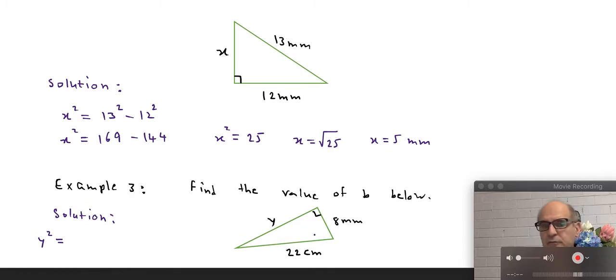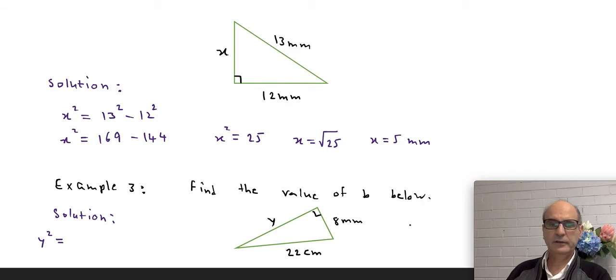This is the hypotenuse. How do I know that? It is opposite to 90 degrees. So it is my hypotenuse. And 22 squared minus the other short side squared.